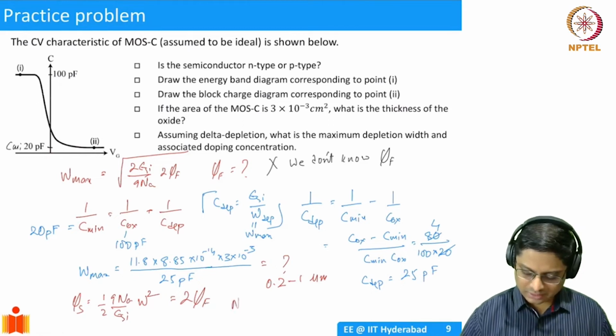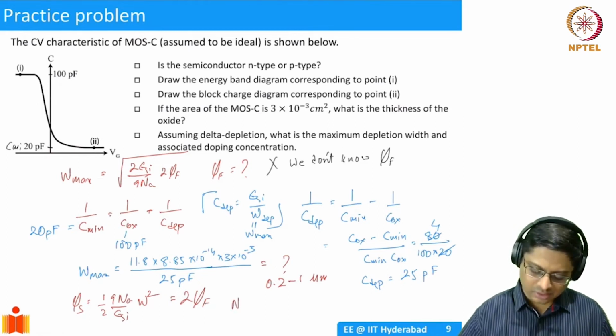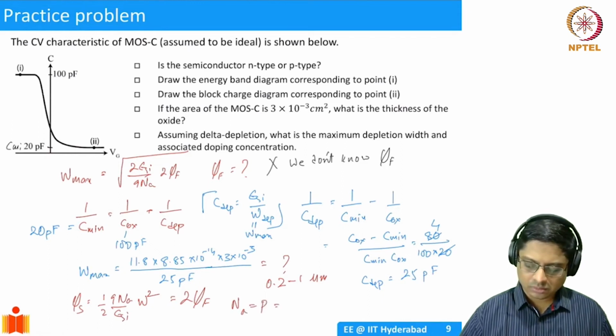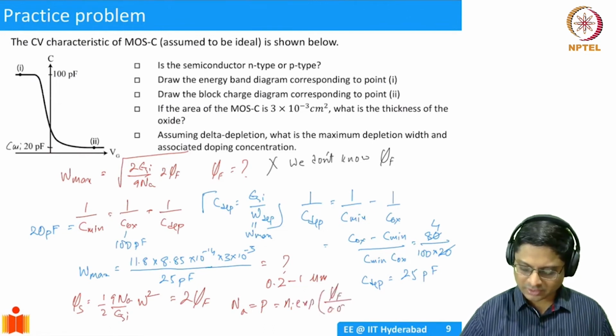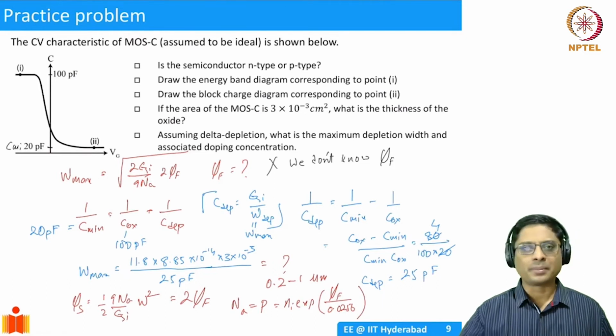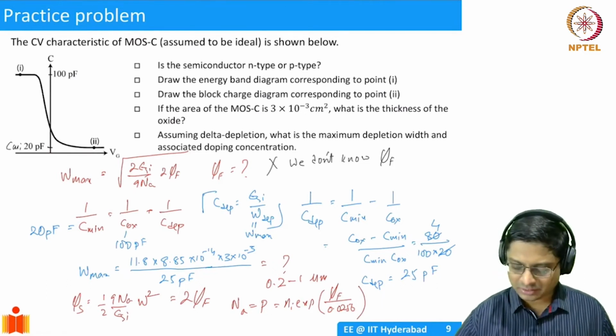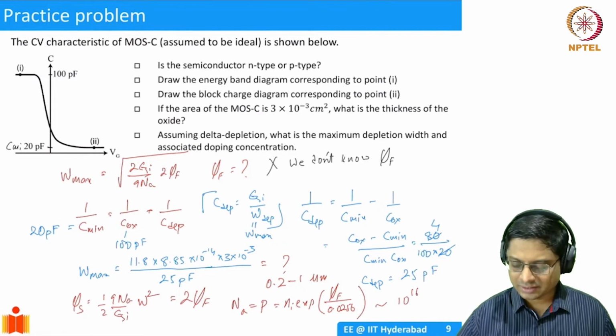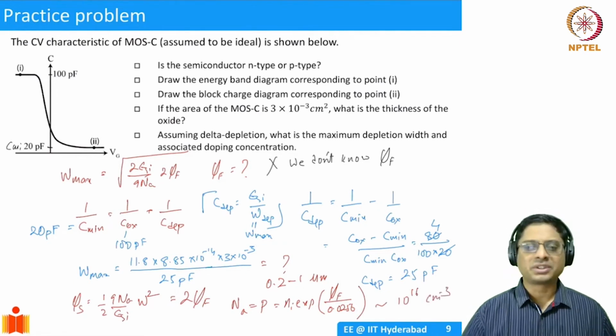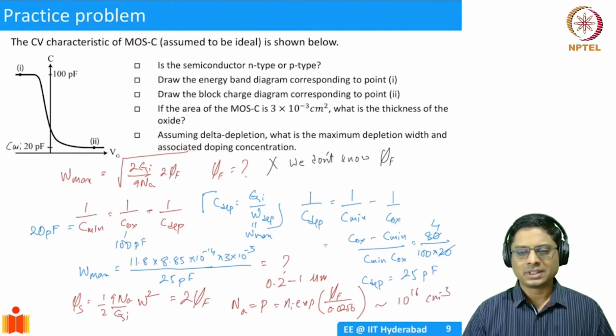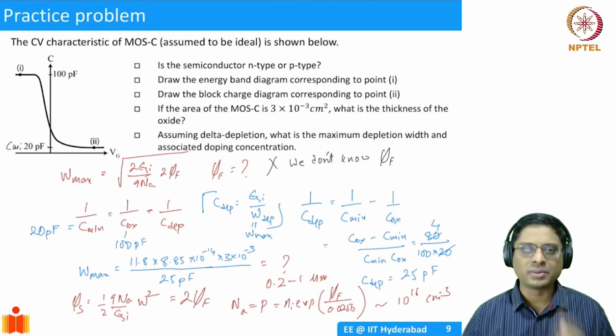So your Na, or rather Na equal to p in this case, equals Ni exponential phi f by 0.0256. Some number, 10 power 15, 16, something you'll get. 10 power 16, let's say, per centimeter cube. So please make sure that you work out this algebra. We are almost there. You should be able to solve this fully.